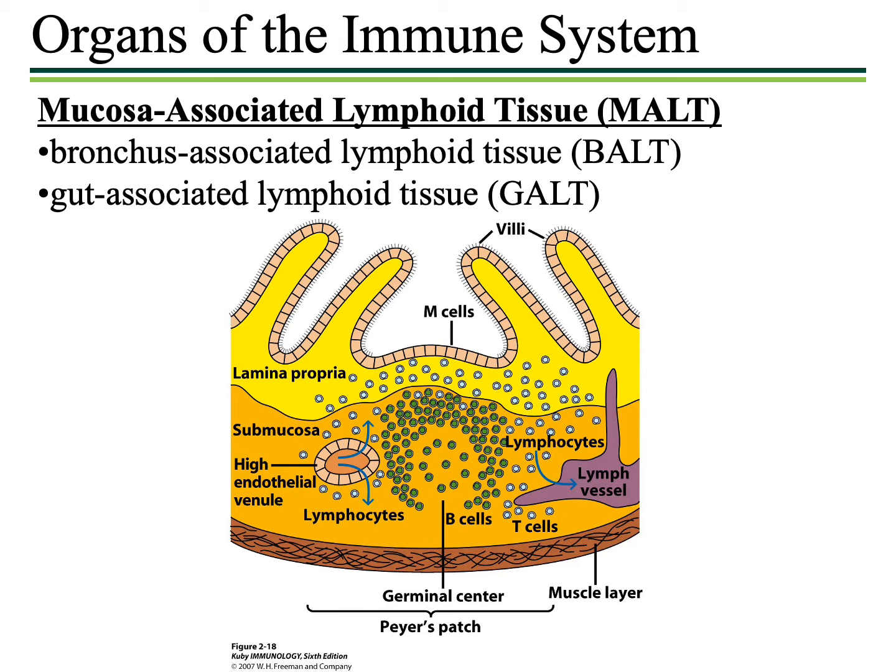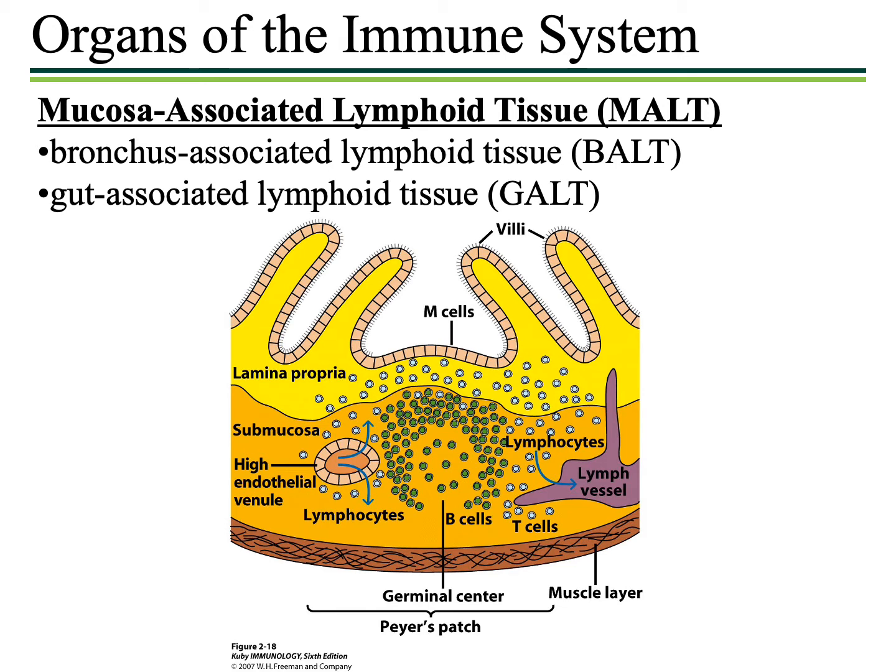We know that there are some specialized components of mucosa-associated lymphoid tissues, and this is going to be components where mucous membranes line organs, things like the digestive system, the respiratory tract, the urogenital tract, collectively referred to as MALT, and then if we're referring to a specific component, it might have a specialized name, like bronchus-associated lymphoid tissue or gut-associated lymphoid tissue. Overall, it is a collection of cells that is involved in detecting a potential infection.